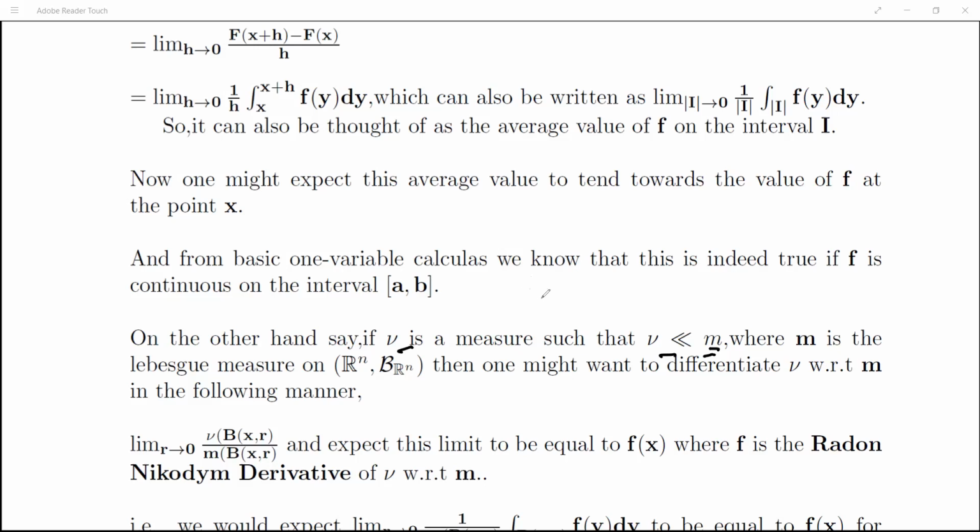So you know that there is a Radon-Nikodym derivative of nu with respect to m. Obviously, if nu is some well-behaved measure, that is, sigma finite and all, there should be a Radon-Nikodym derivative.